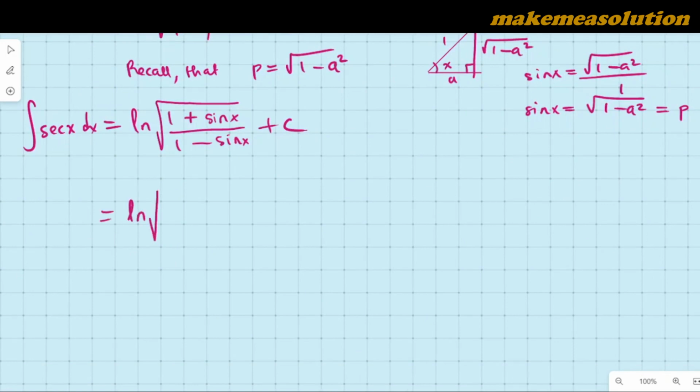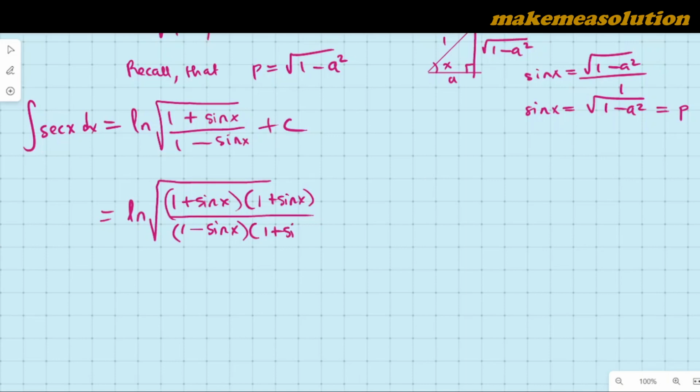Ln square root of, so I have 1 plus sine x over 1 minus sine x, rationalizing, times 1 plus sine x over 1 plus sine x, and plus c.